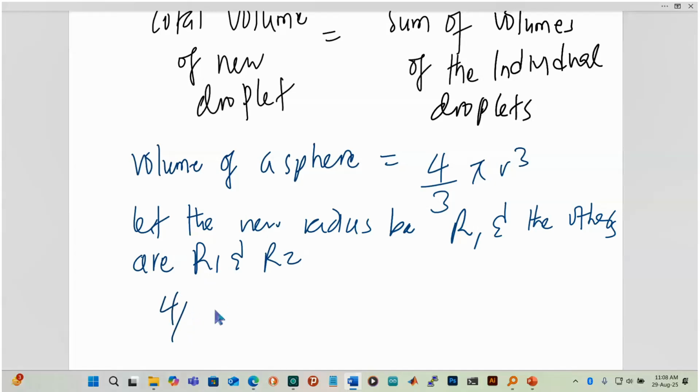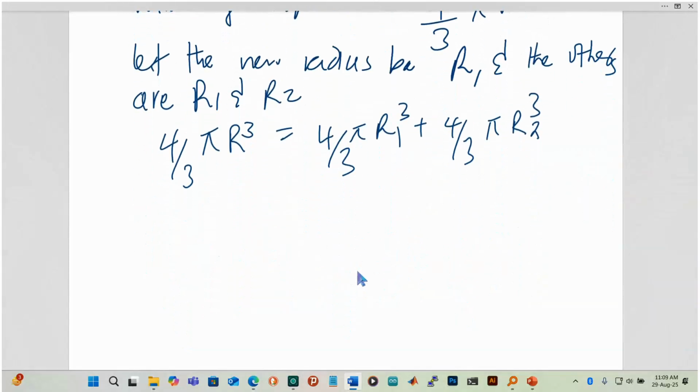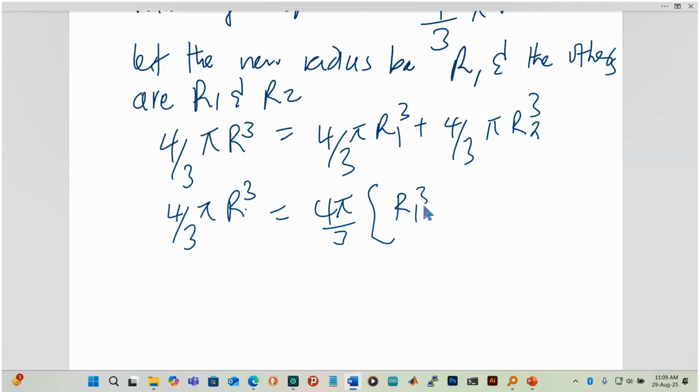Therefore, from the conservation of volume, 4/3 pi r cubed equals 4/3 pi r1 cubed plus 4/3 pi r2 cubed. Now we factorize: 4/3 pi r cubed equals 4 pi over 3 times (r1 cubed plus r2 cubed).